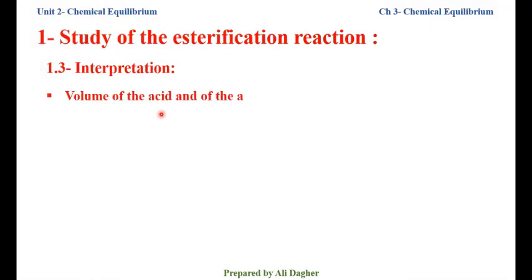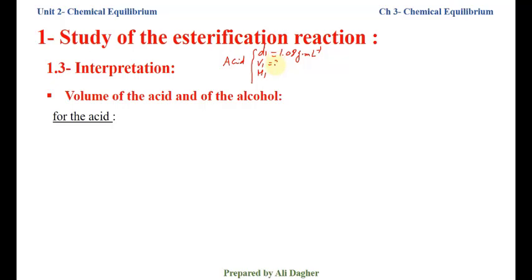Now, volume of the acid and the alcohol. For the acid, we are given density D1 equal to 1.08 gram per milliliter.